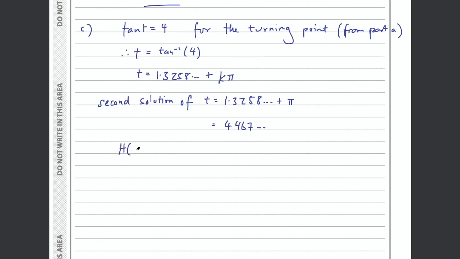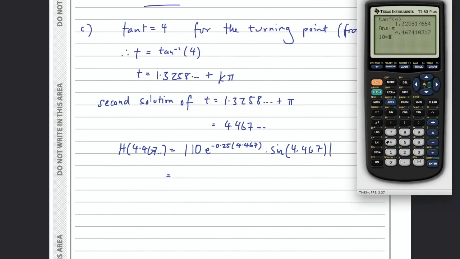So h of 4.467, that's going to be, what was it? The absolute value of 10e to the negative 0.25 t, multiplied by sine of this, and let's see what we get there. 10 multiplied by e to the power of negative 0.25 times the answer, multiplied by sine of the answer.